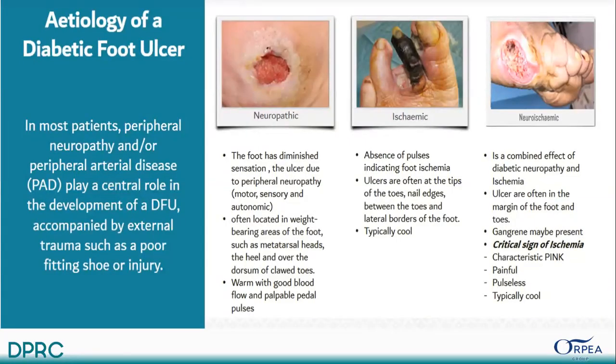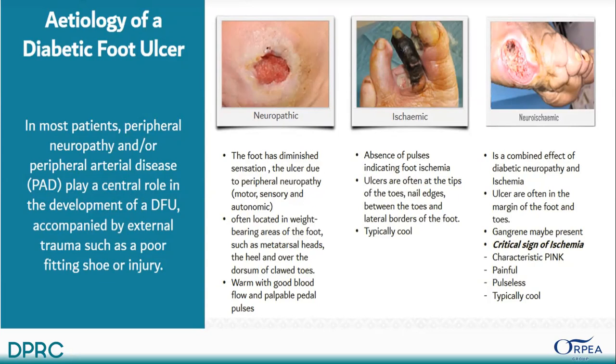Etiology of diabetic foot ulcer. In most patients, peripheral neuropathy or peripheral arterial disease play a central role in the development of a diabetic foot ulcer, accompanied by external trauma such as poor fitting shoes or injuries. In neuropathic ulcers, the foot has diminished sensation.